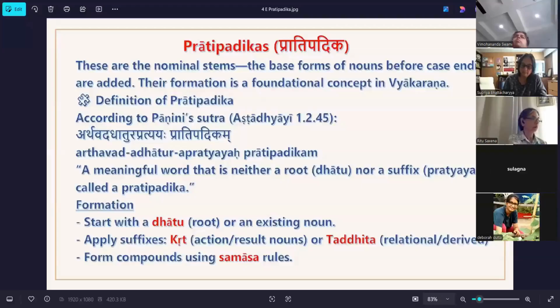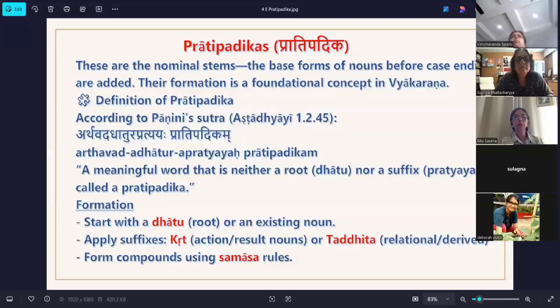Rama, without visarga, Rama has meaning, it is a name. But it is not a dhatu. Rama is not a dhatu. So, adhatu. And Rama is also not a pratyaya. It is not krit pratyaya or tadhit pratyaya.